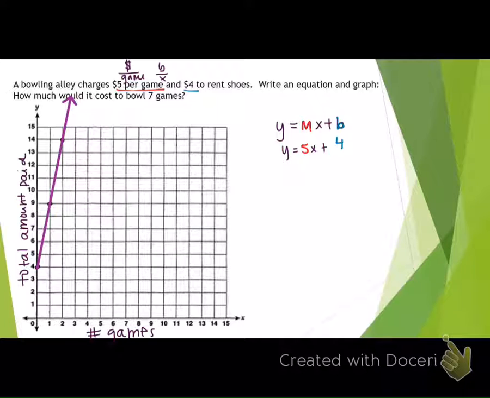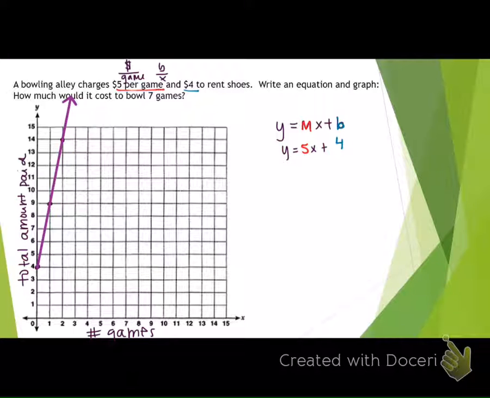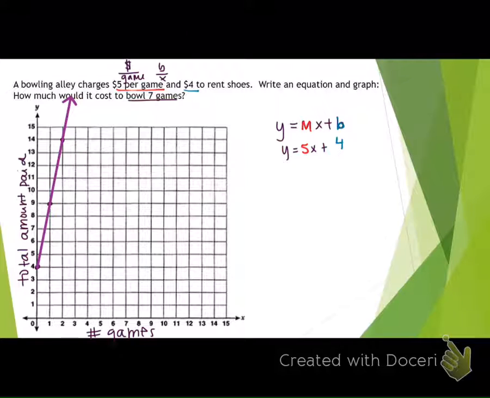And then it says, as Tommy said, why can't we just do this from the beginning? It says, after 7 games. Well, is that x or y? That is x. So, we can plug in 7 for x.